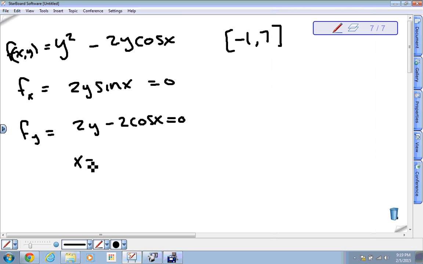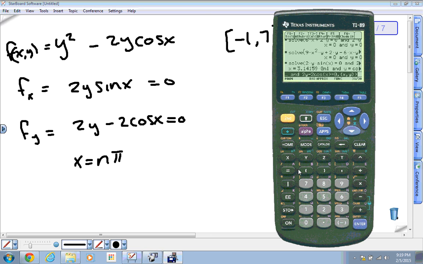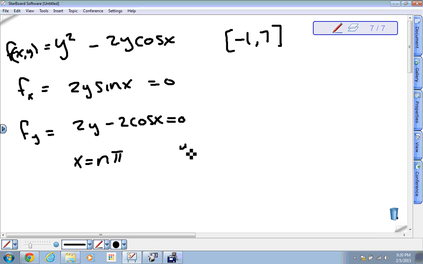So in other words, x is equal to n pi, and y is equal to cosine of pi n. Y equals cosine of pi times n.